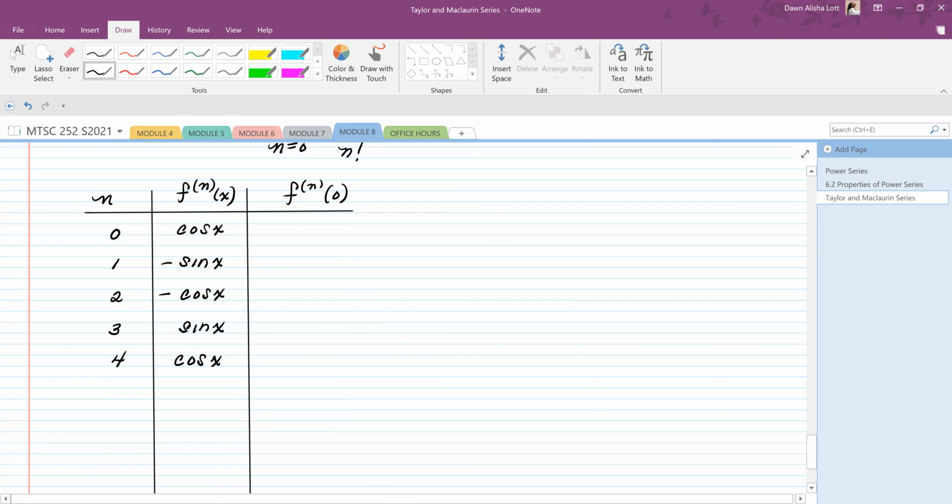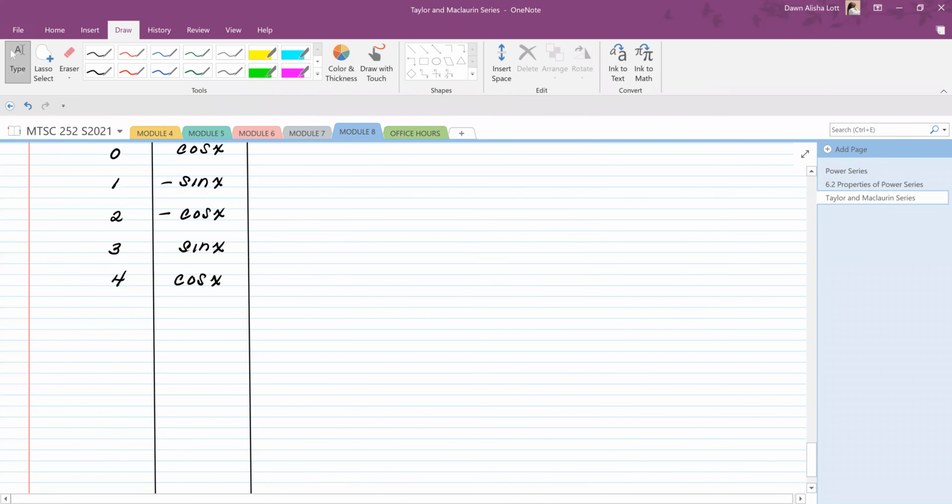And we do it again. The fifth is going to be minus sine x. The sixth, minus cosine x. The seventh is going to be sine x. And the eighth is cosine x.